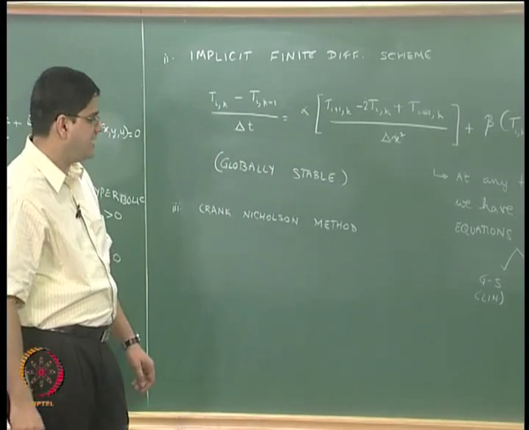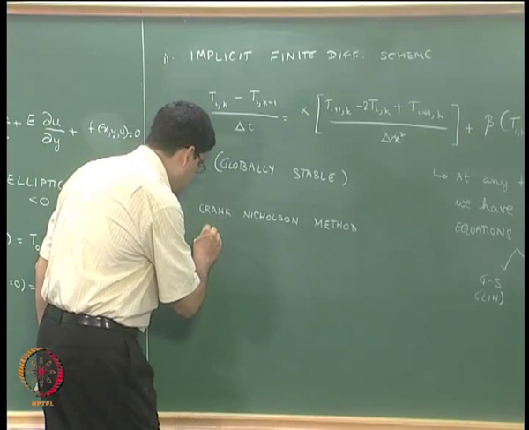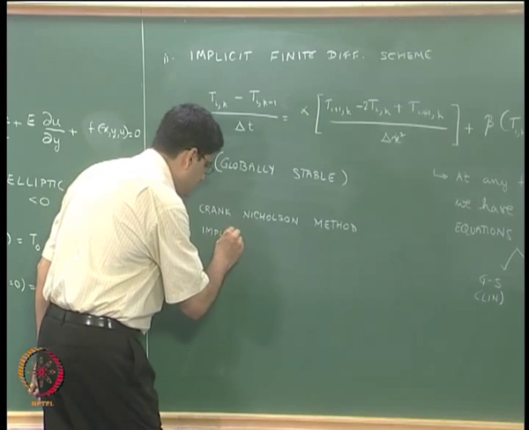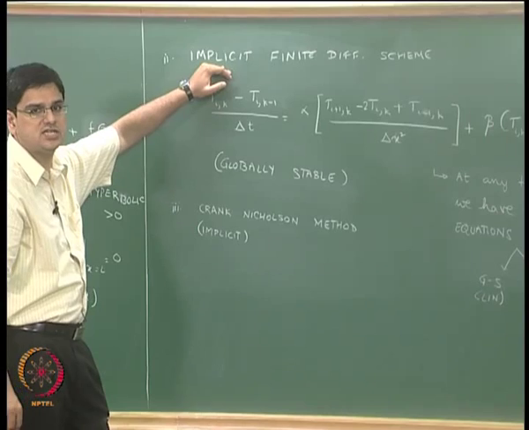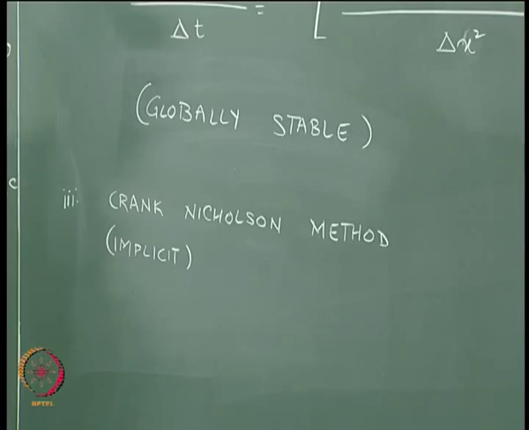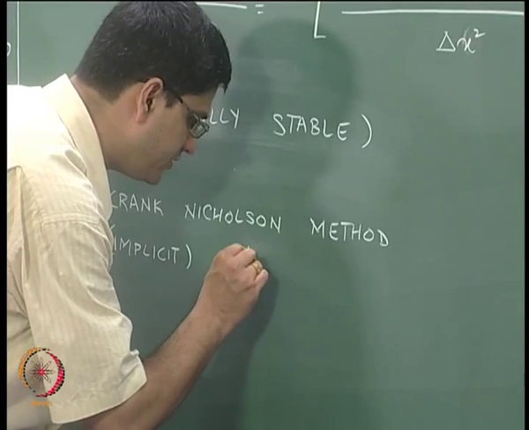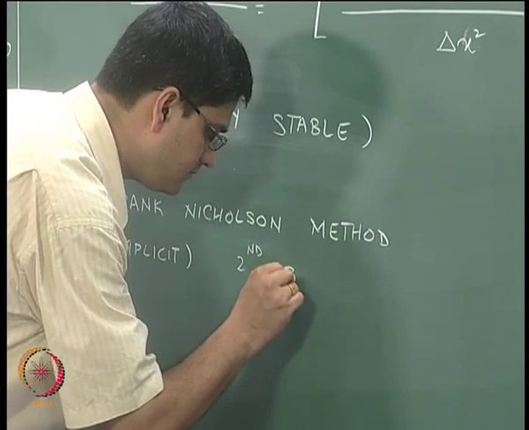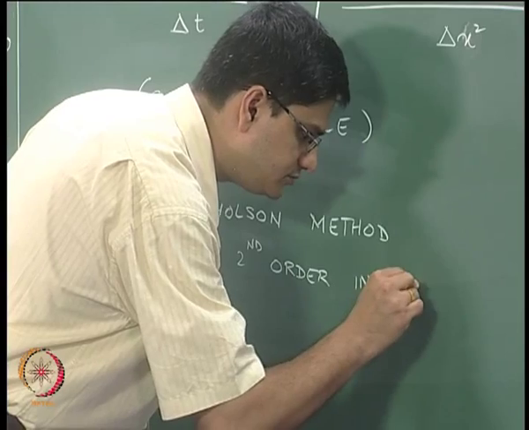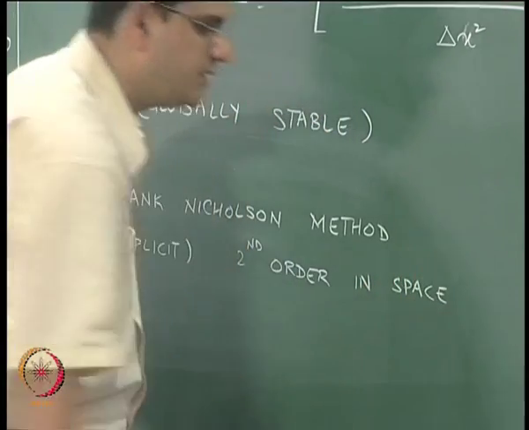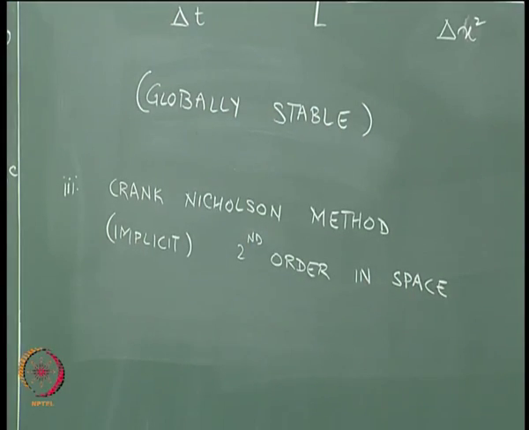The Crank-Nicolson method is an implicit method, but unlike the fully implicit finite difference scheme, the Crank-Nicolson method is second order accurate, second order accurate in space.